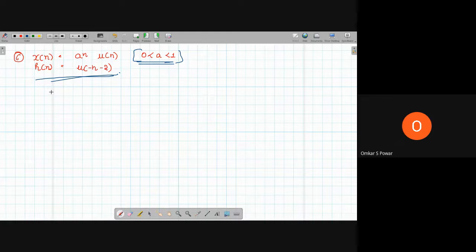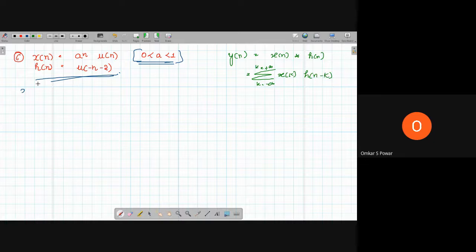You should also put in some effort. So the first thing you have to write is the formula for convolution. y of n is equal to x of n convolution h of n. So what is this equal to? Summation k varies from minus infinity to plus infinity, x of k into h of n minus k.